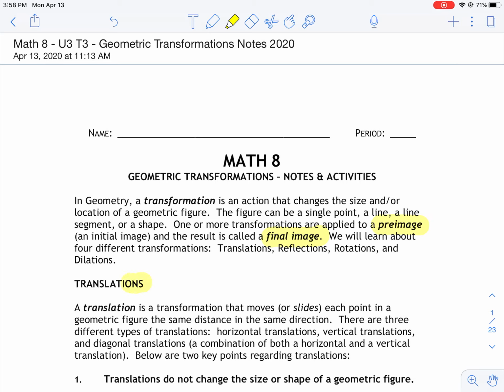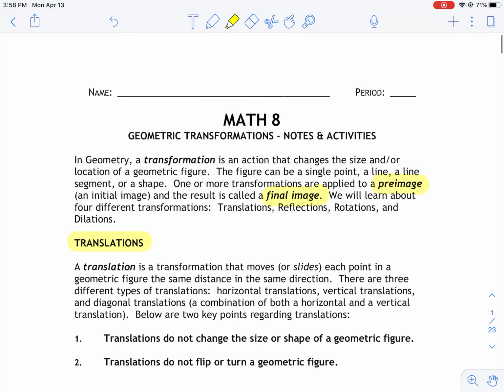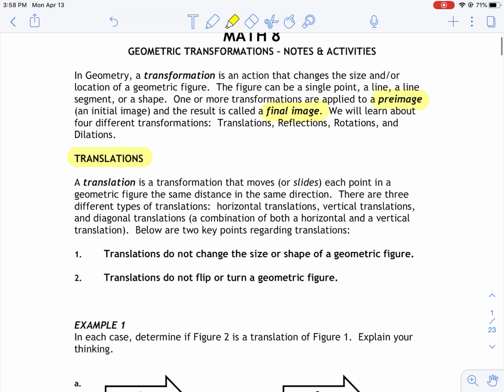All right, well, let's start with translations. A translation is just basically a slide. We slide an image to one other location somewhere, a pre-image in that regard. So we have three different kinds of translations.